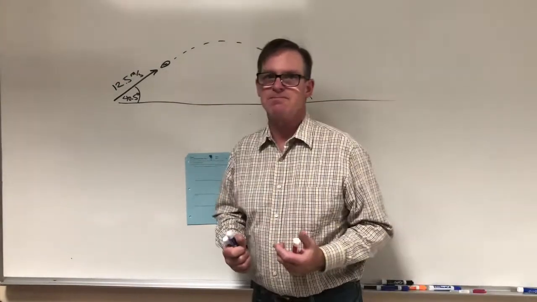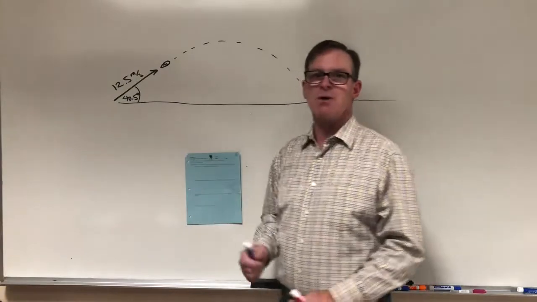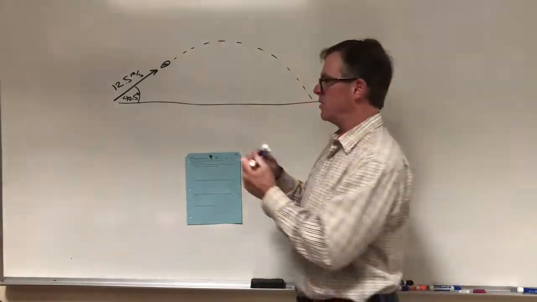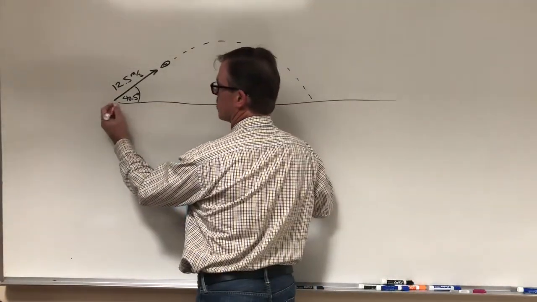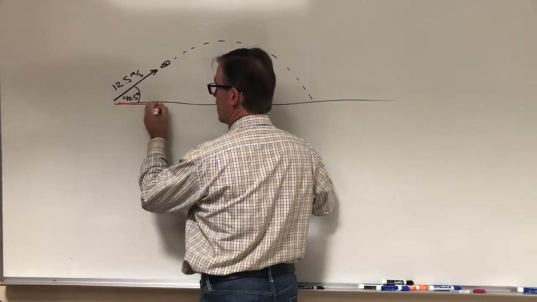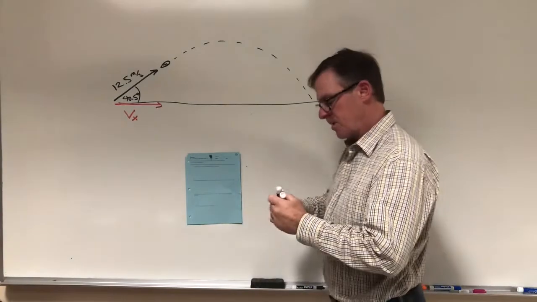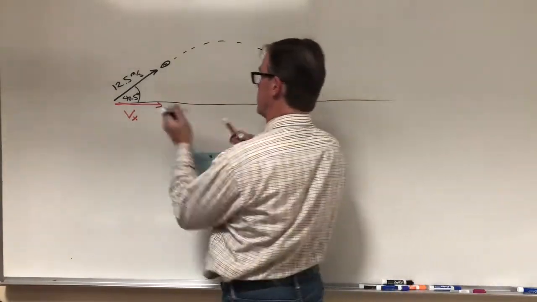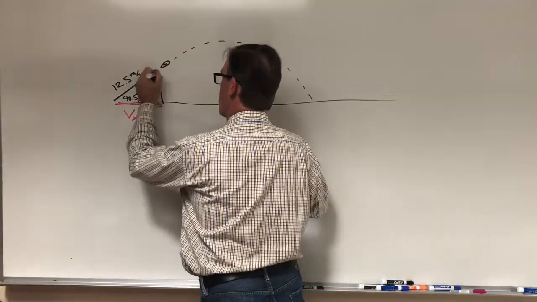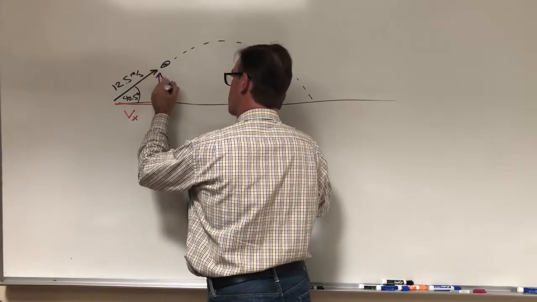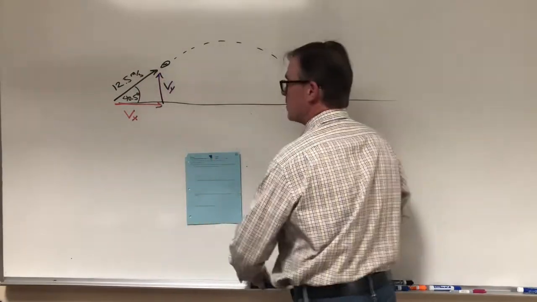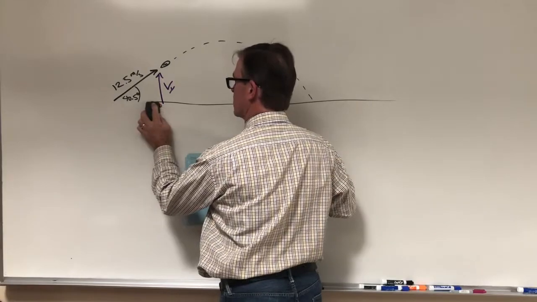You must break this down into its x and y components. In other words, you can think of the 12.5 as being partly a horizontal velocity, and I will call that Vx, and partly a vertical velocity, and I'll call that Vy. And I'm just going to clean that drawing up a hair because I don't really like how it looks.